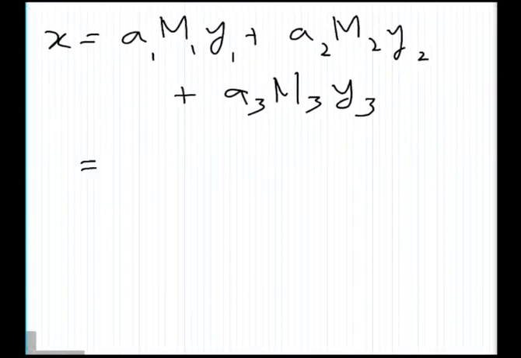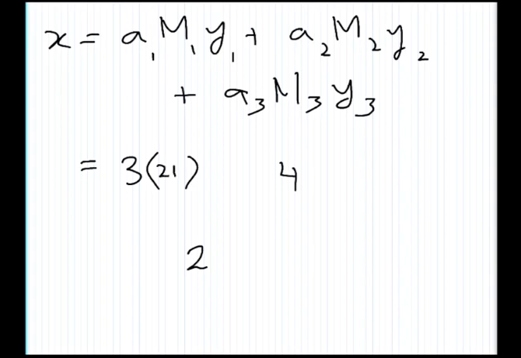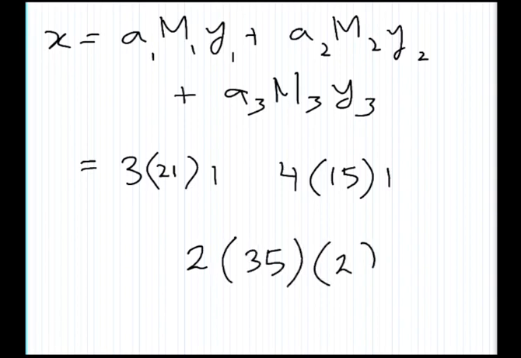So 3 here, 4 here and 2 here, and m1 was equal to 21 and y1 was equal to 1. m2 was equal to 15 and y2 was 1, and m3 was equal to 35 and y3 was equal to 2.